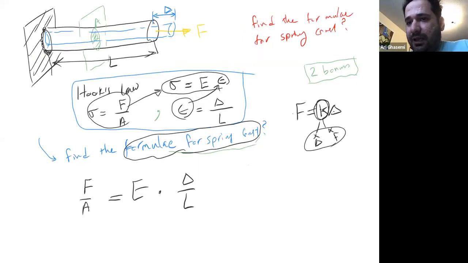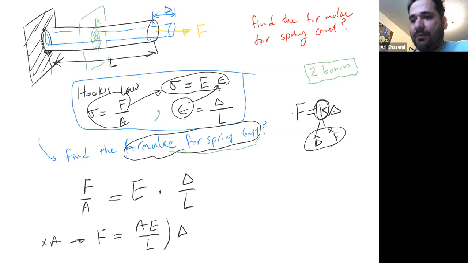Keep force on the left and just multiply both sides by A. Then we get F is equal to AE, and bring the L out, times delta. That's exactly the same equation that I had before. So what is my spring constant right now?